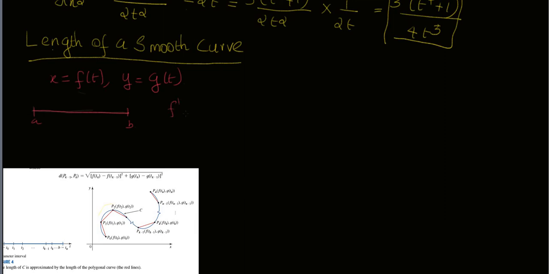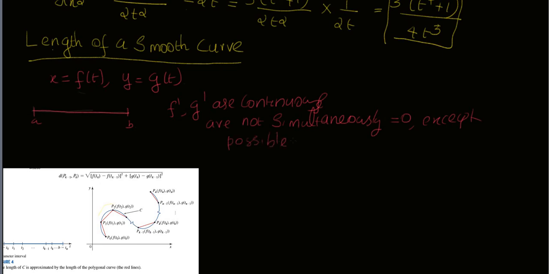Smooth means f dash and g dash are both continuous and are not simultaneously equal to 0, except possibly at endpoints, that is A or B here. This is the property of a smooth curve.